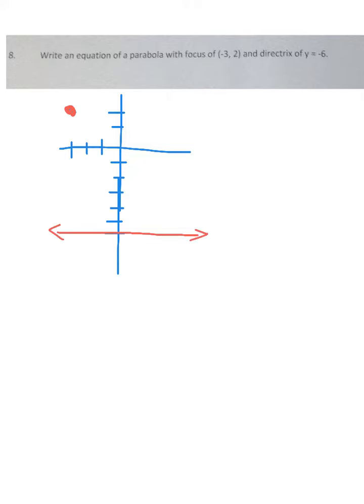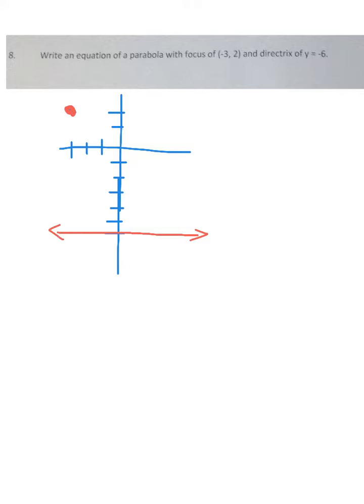Okay, so then let's figure out where the parabola is supposed to be. Well, remember, the parabola is never supposed to touch my directrix. It can't touch this line. So I know my vertex of my parabola has to be halfway between the focus and the directrix.